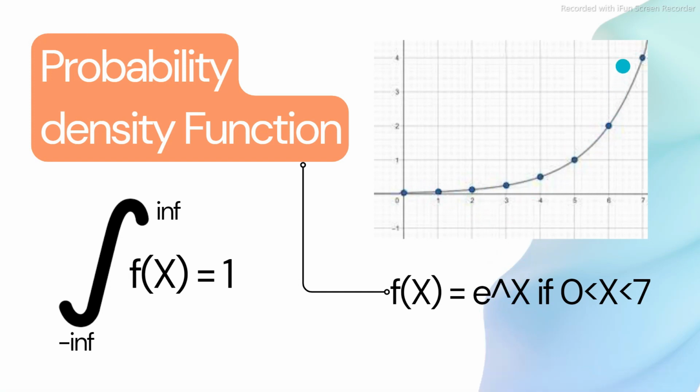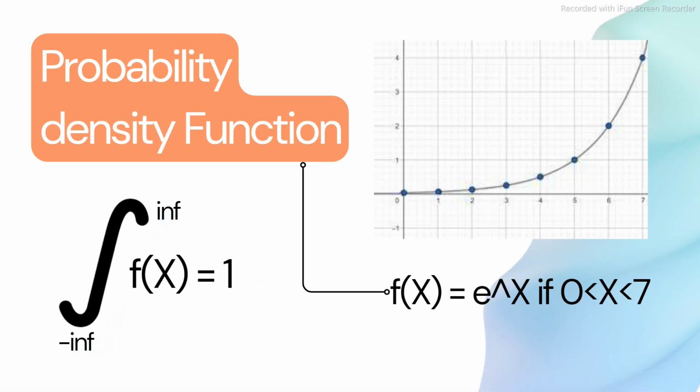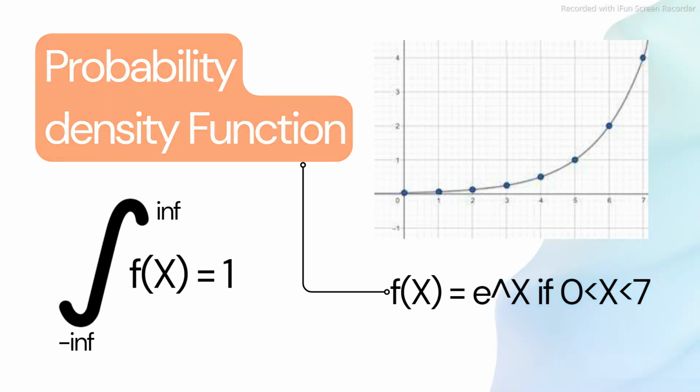We are going to do integration of e of x from minus infinity to infinity. Then we are going to get some value, and this is what we call a probability density function.